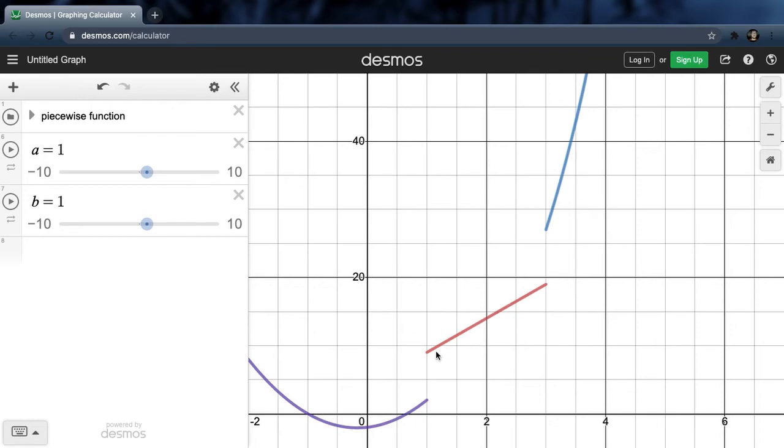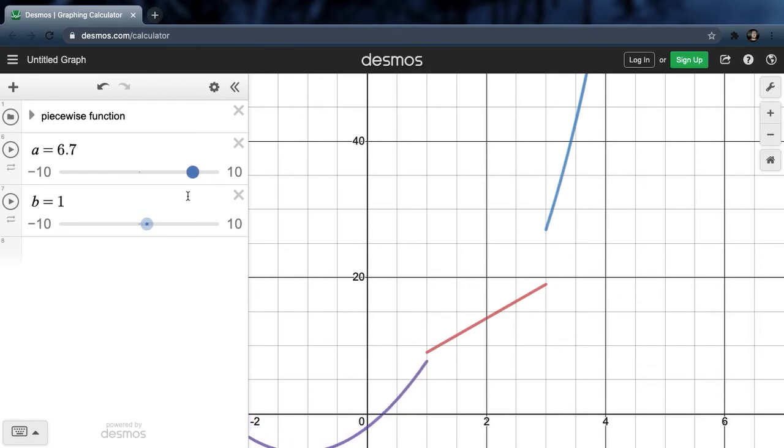Here's the 3 different pieces. But I've made A just whatever I wanted it to be, and I made B whatever I wanted it to be. So if I were to slide A, that's making the left side of this function kind of tilt a little bit. So we need to find the A value that makes that match up.